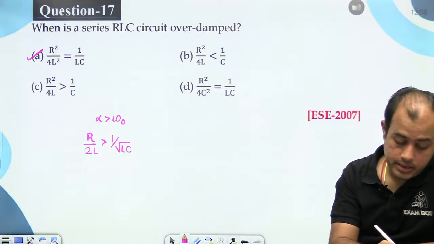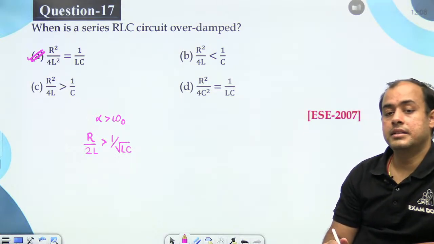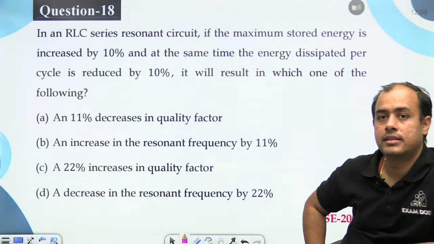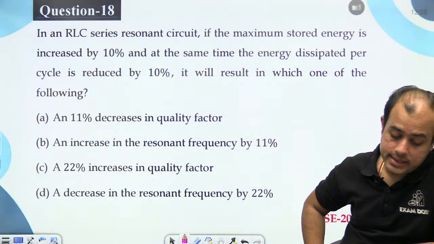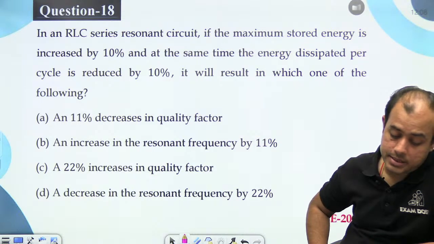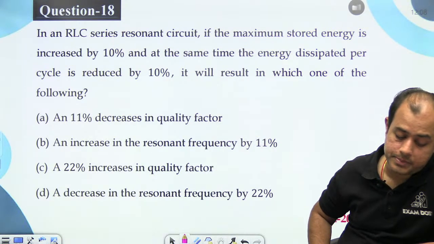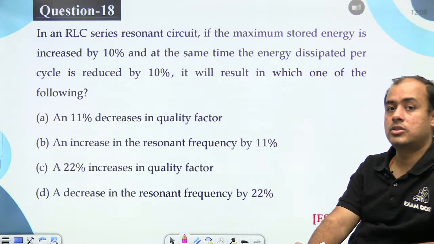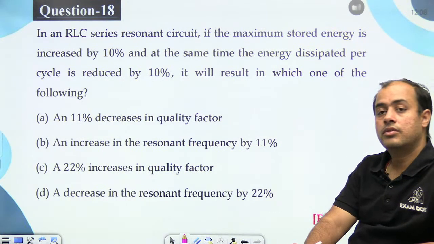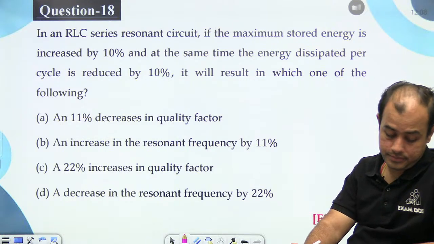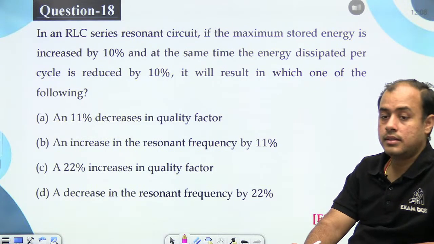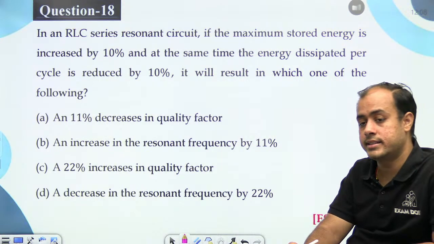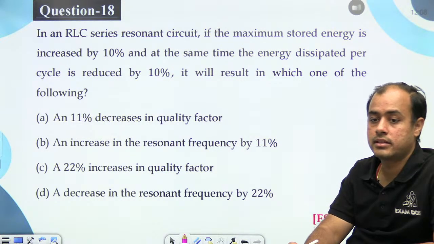So answer should be A. ठीक है, आंसर शुड बी ए। इट हैज स्क्वायर्ड बोथ द साइड, दोनों साइड का स्क्वायर कर रखा है। In a RLC series resonant circuit, maximum stored energy is increased by 10% and energy dissipated is reduced by 10%. तो क्या होगा बताइए? What will happen?